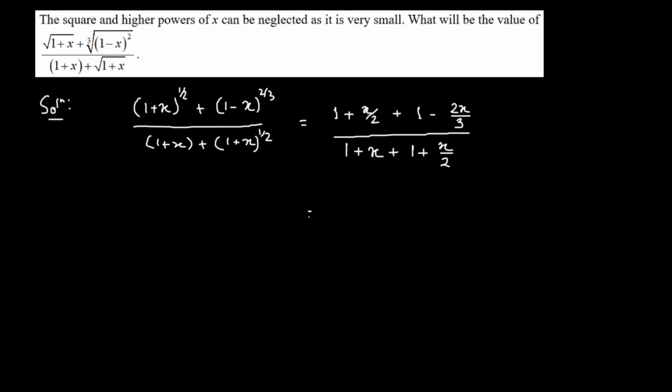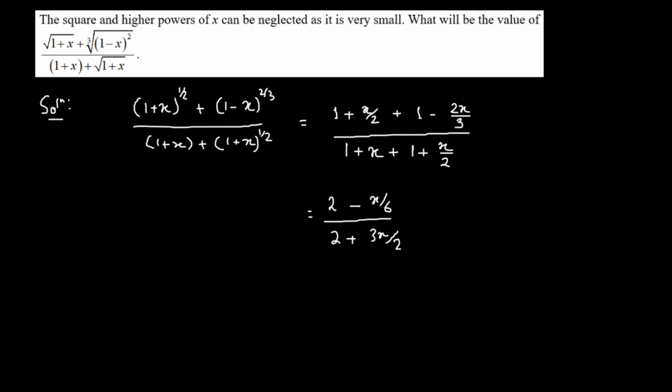So the numerator gives us 2 plus, that's a minus x over 6, divided by 2 plus thrice x over 2.